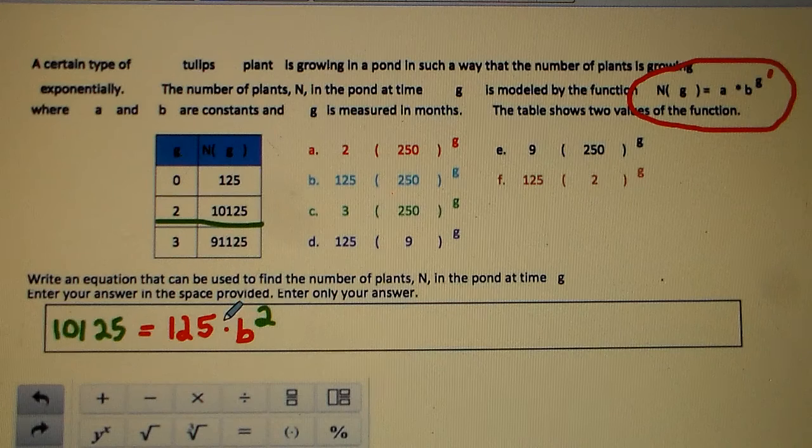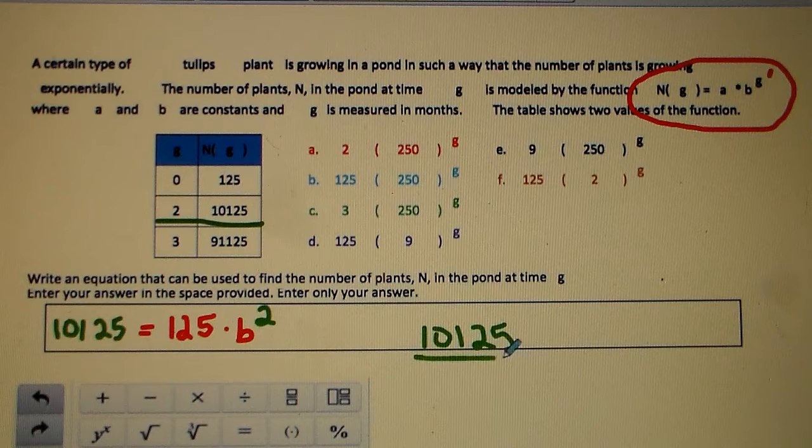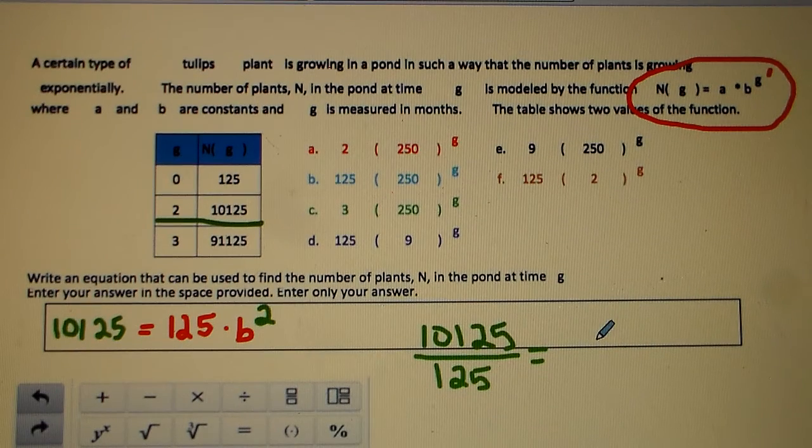So what we do, we have to divide by 125 on both sides first. So we do 10,125 divided by 125. And when we put that into the calculator, we're going to get a nice pretty number, hopefully.